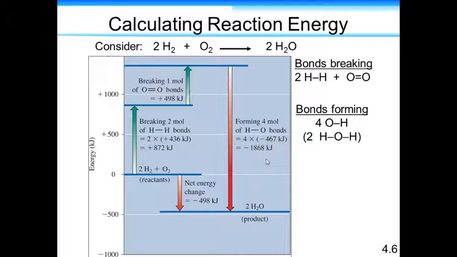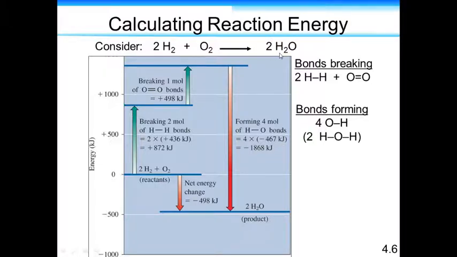Of course, in the lab, this isn't entirely perfect, but it's true from a theoretical perspective. So if we wanted to calculate the energy released from forming those bonds, we just change the sign of the value we have on the table for the oxygen-hydrogen bonds.